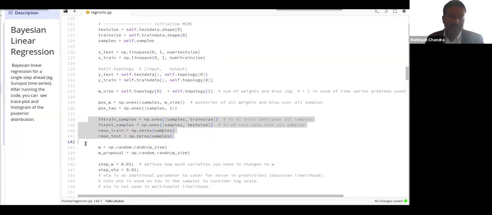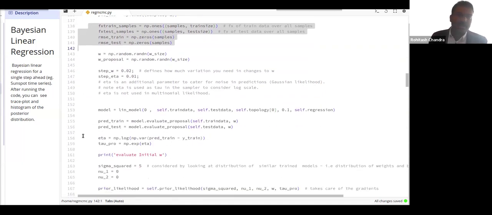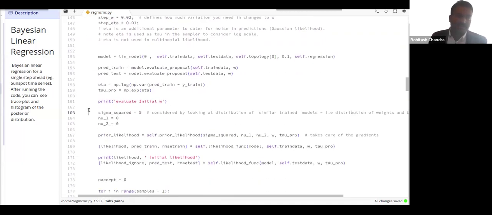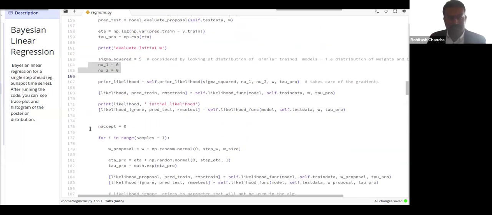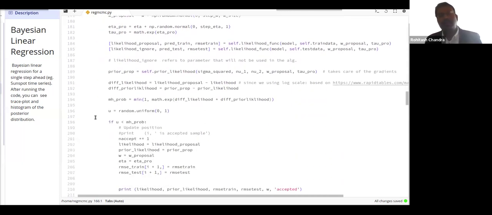We are saving the predictions, and we need to define the hyperparameters of the prior, and the sigma squared, which basically looks at the normal distribution we use for the prior, and nu1, nu2 are essentially the inverse gamma hyperparameters.